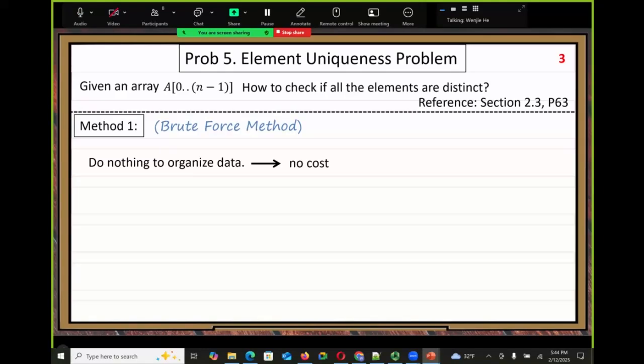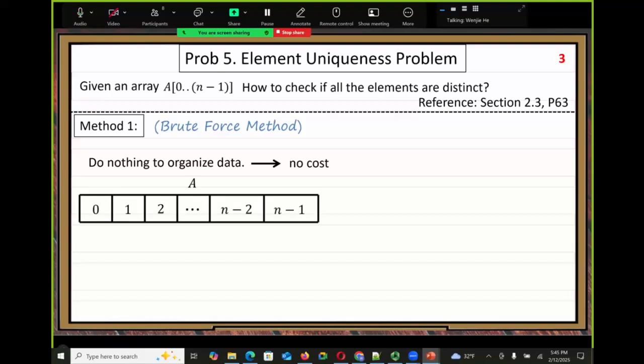The cost you spend here, we treat it as investment, because later we will enjoy the work we invest here. But here, no cost, no investment. So then we do everything from scratch. All right. Let me draw a diagram.